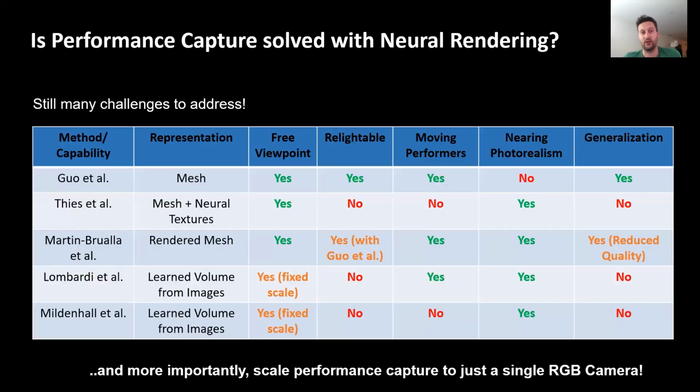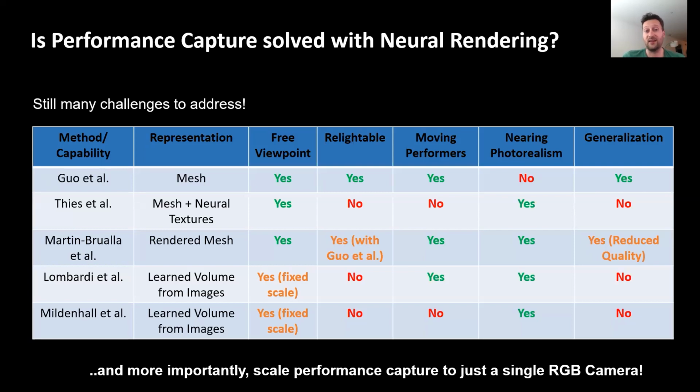So are we done with performance capture using neural rendering? Well, no. The majority of these methods suffer from limitations. Many of them don't even generalize to unseen subjects, and you need to retrain a machine learning model even per frame if the parameterization changes.